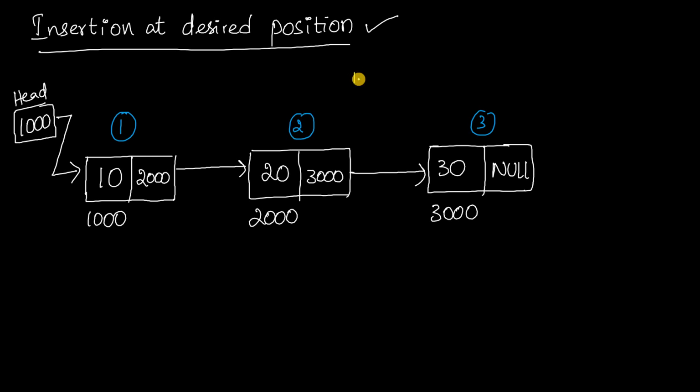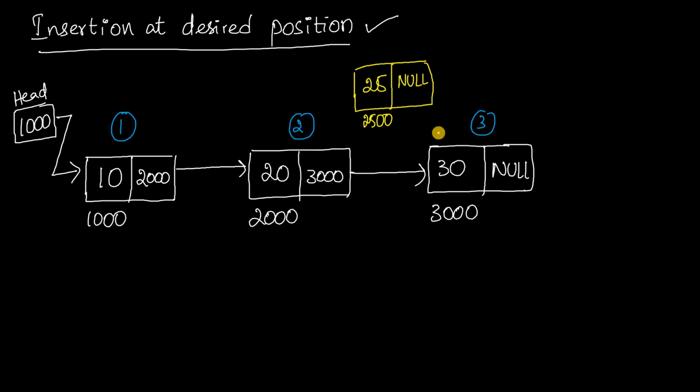The first thing is to create the node. Suppose the address of this node is, for example, 2500, and data is, for example, 25. Here by default I have the null when it is newly created, right?